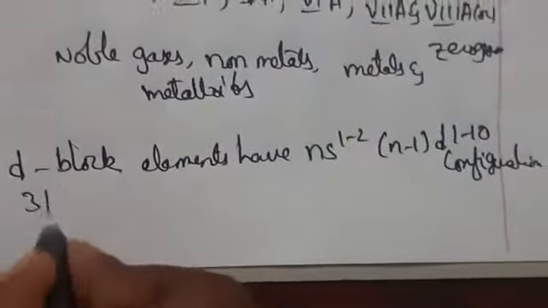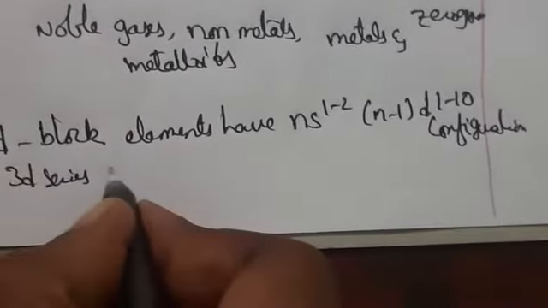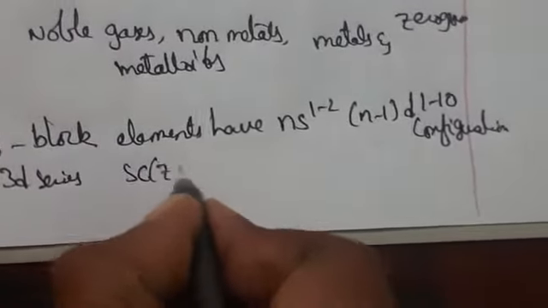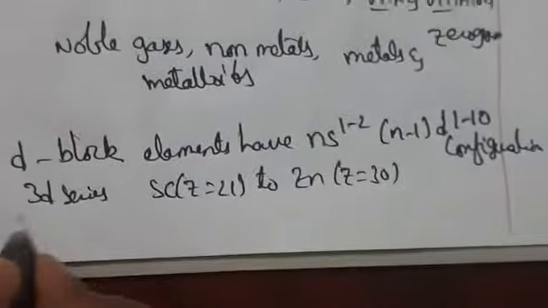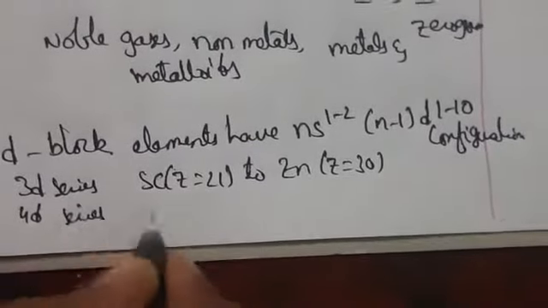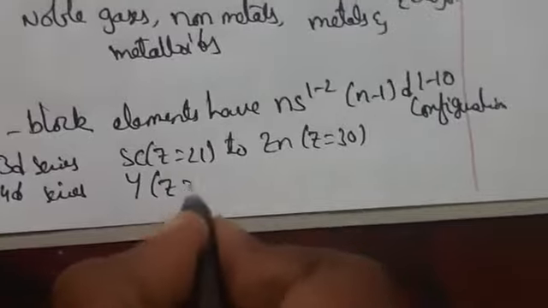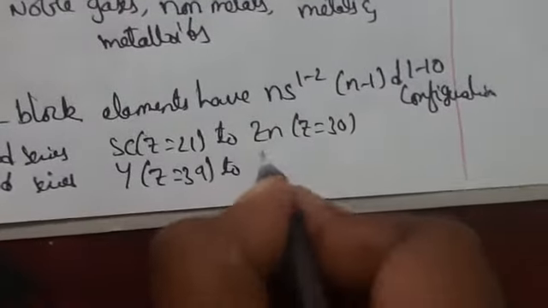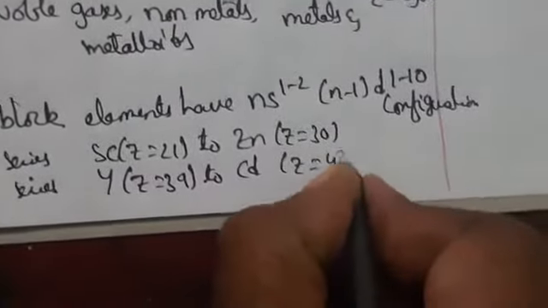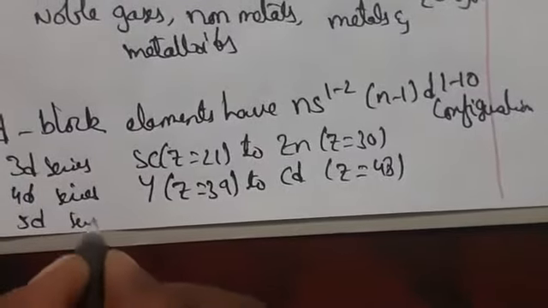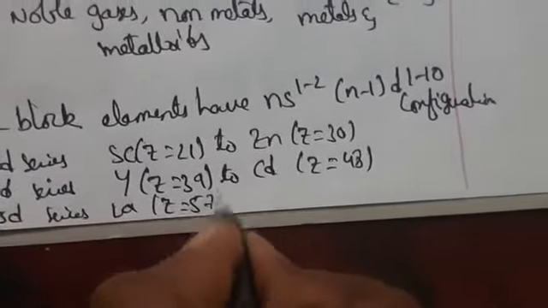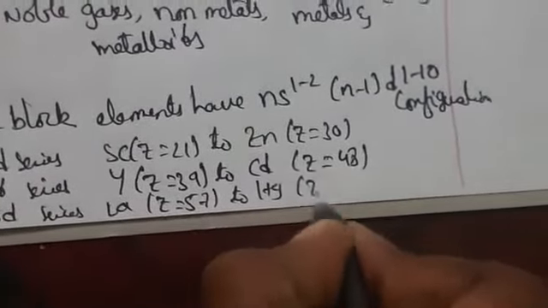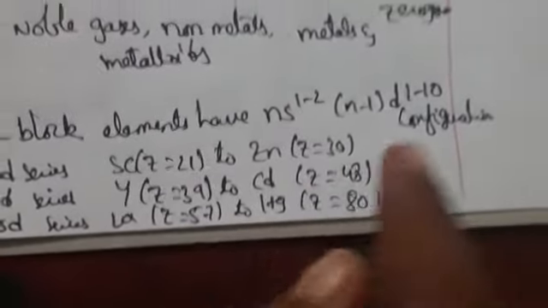That is the 3d series, which is from scandium, atomic number 21, to zinc, atomic number 30, and the 4d series, which has yttrium, Z equals 39, to cadmium, Z equals 48. The 5d series has lanthanum, atomic number 57, to Hg, Z 80, so mercury.